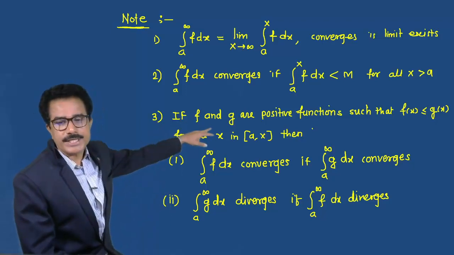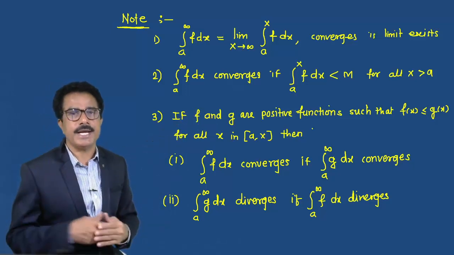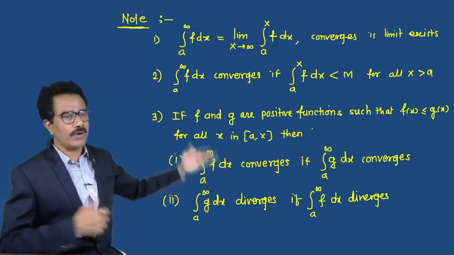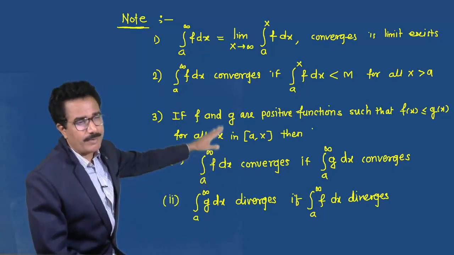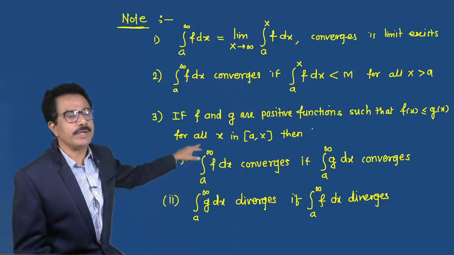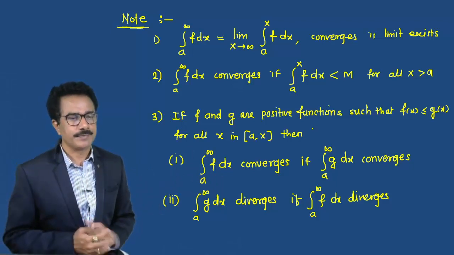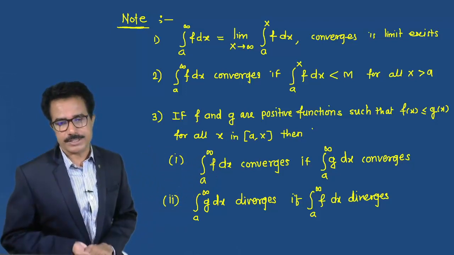If f and g are positive functions such that f of x is less than or equal to g of x for all x in the closed interval a comma X, then first, the integral from a to infinity of f dx converges if the integral from a to infinity of g dx converges.